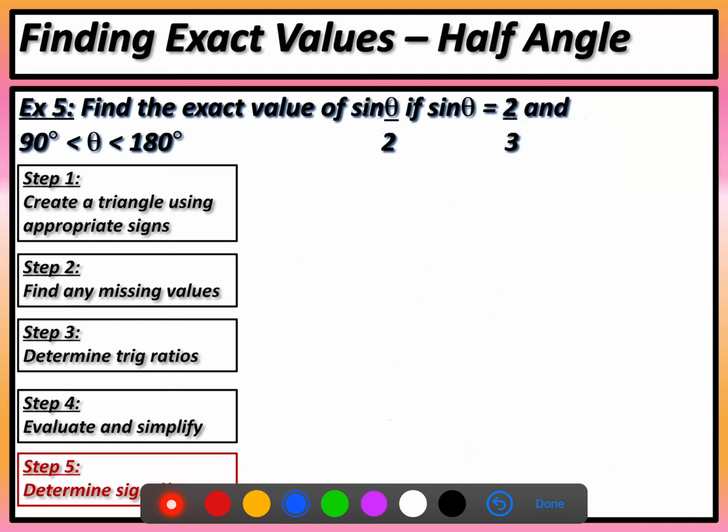All right, so now we're looking to do the half angle of sine. They're telling me that my theta is in between 90 and 180. So that's quadrant 2. Based on this information that sine of theta equals 2 over 3, I'm going to build my triangle.